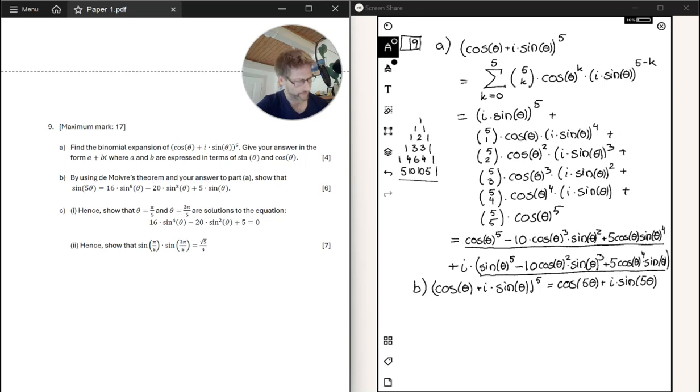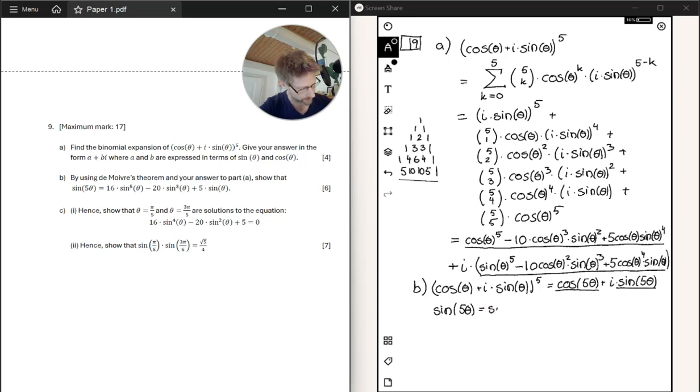So we know that the real part is just cosine of 5 theta and the imaginary part is just sine of 5 theta. So when we have the real part here and the imaginary part here, we know that sine of 5 theta must just be the stuff that is the imaginary part.